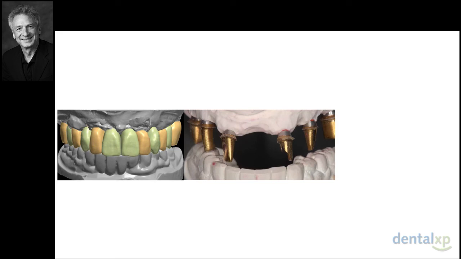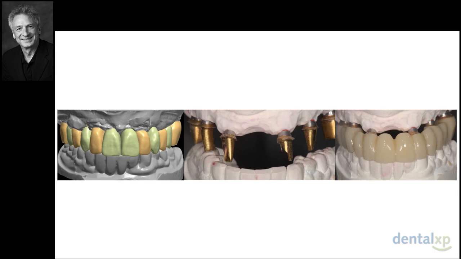We took an impression on an implant level, and we simultaneously designed abutments, core file, provisional, to have a provisional that you can see on the right-hand side that was accommodated and supported by patient-specific abutments.